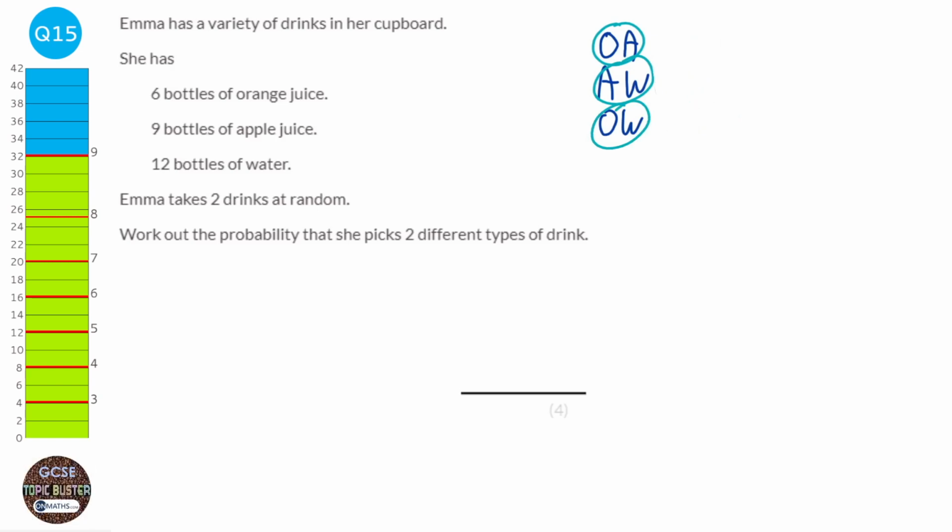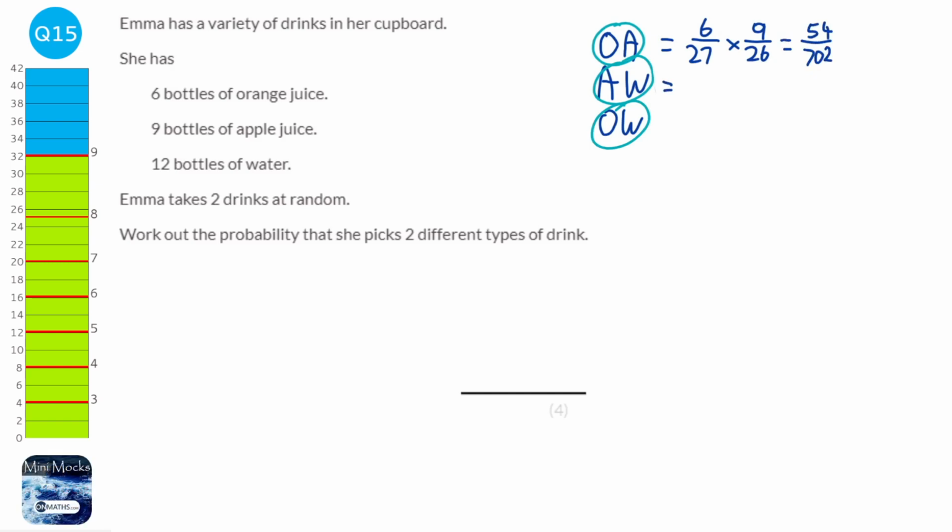To work out the probability of O and then A, so orange juice, then apple juice, the probability of picking orange juice first of all is 6 over 27. And then if we picked an orange juice, the probability of picking an apple juice would be 9 over 26. And so that would be 54 over 702.